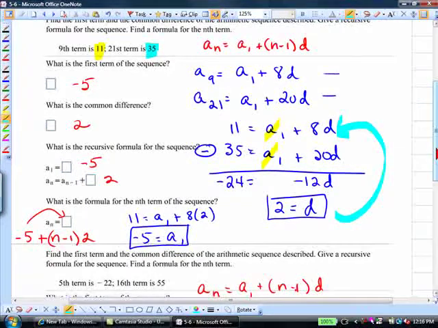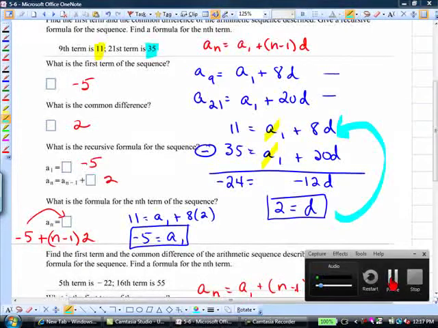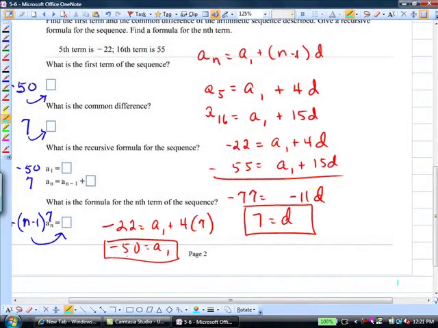So you want to follow exactly this process to get d and a sub 1. And I would expect, if you were doing the work for that, that it would look like that. You would have a sub 5 is this, a sub 16 is this, then substitute for those two and solve the equation.